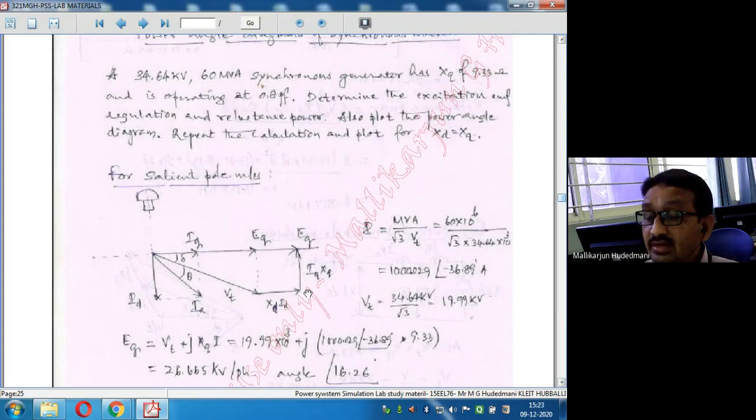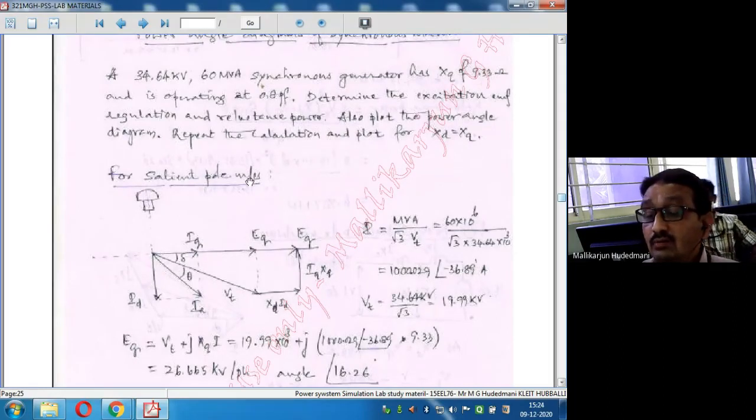So XD ID, IQ XQ, and this hypotenuse, that drop becomes the total hypotenuse. If I split the hypotenuse, cosine gives XD ID, sine gives IQ XQ. But I have not drawn the hypotenuse. I have just drawn the component XD ID perpendicular to the component XQ IQ, this way.